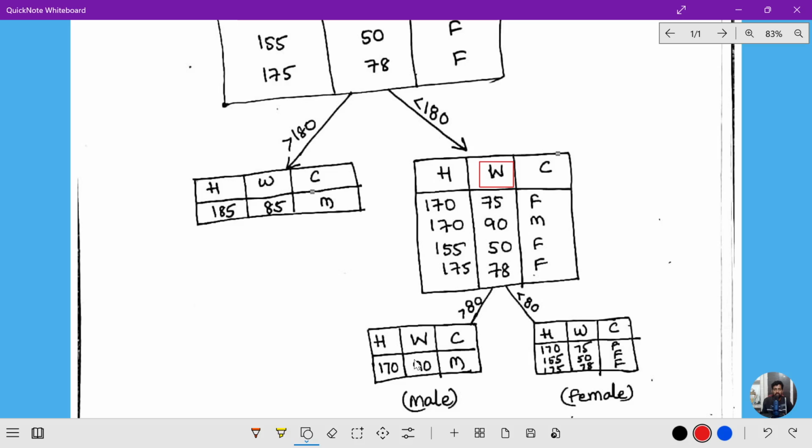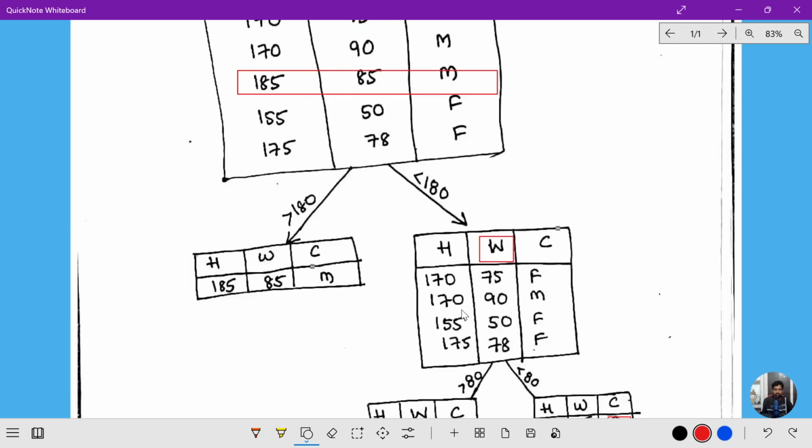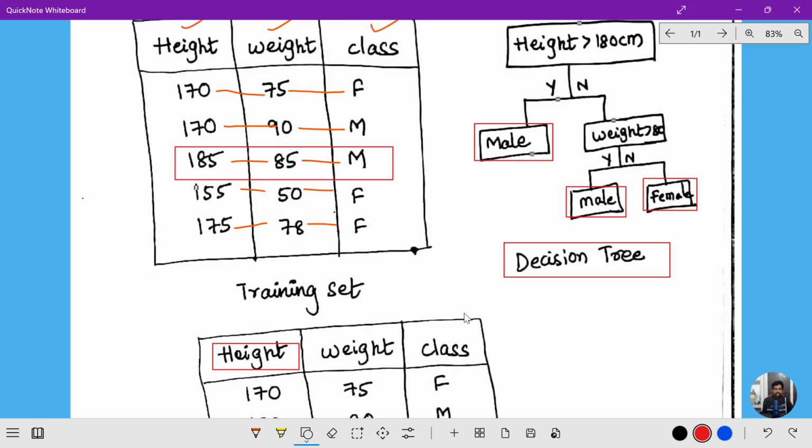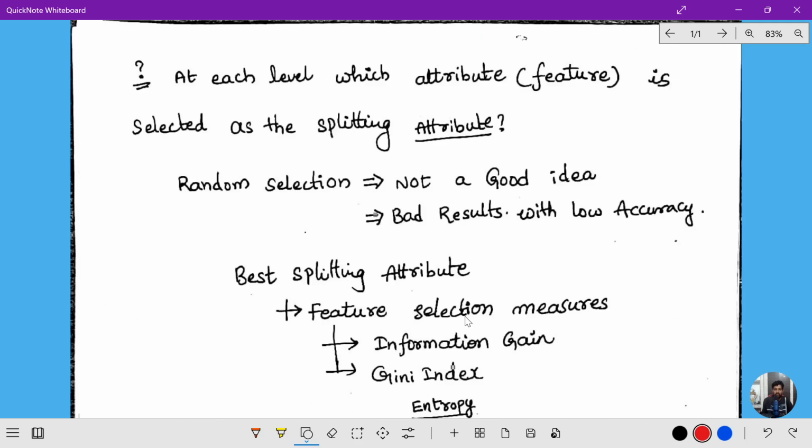When the weight is 90, I am going to say the person is male. When the weight is less than 80, all are females. So this kind of diagram is called a decision tree. Now one of the most important concepts here: at each level, which attribute is selected as the splitting attribute?